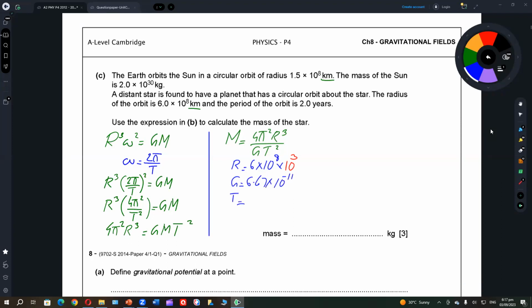Time period is 2 years, but I need to convert it. So please put all the values.